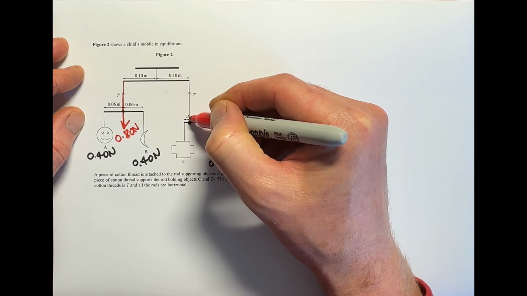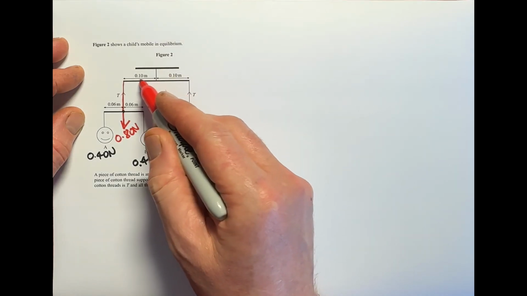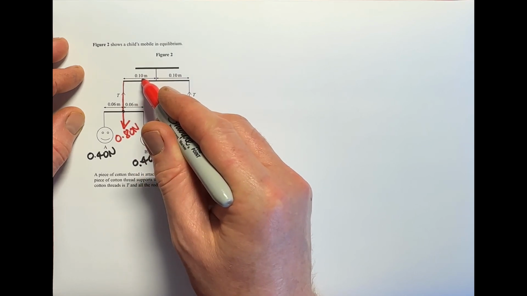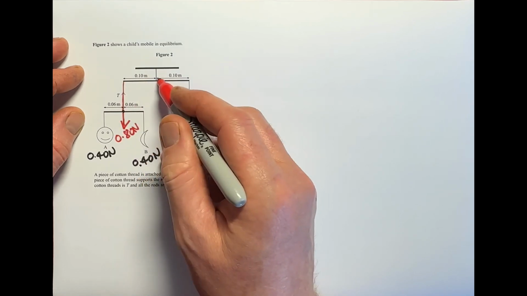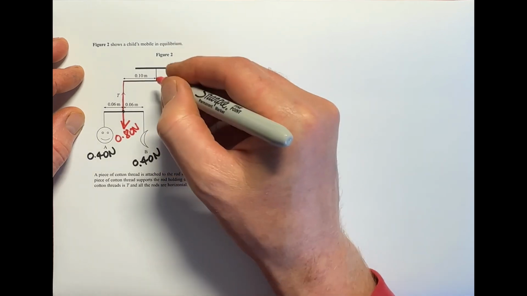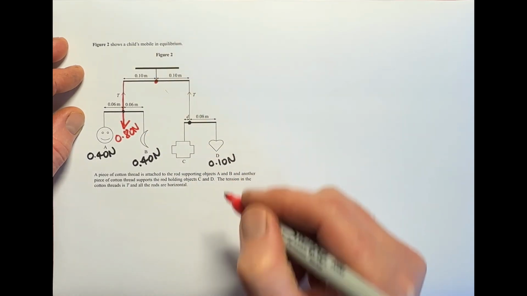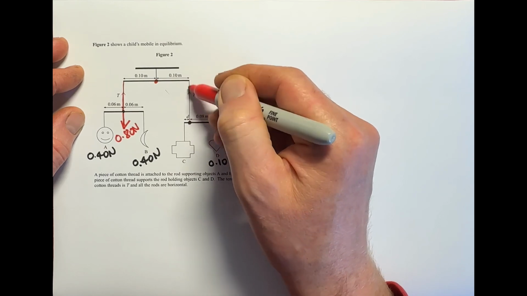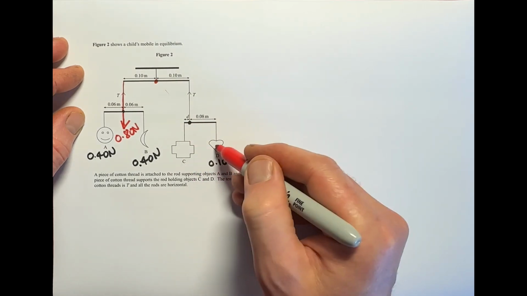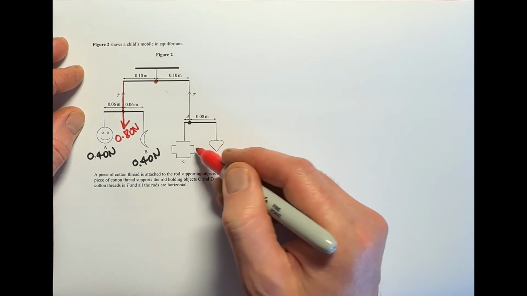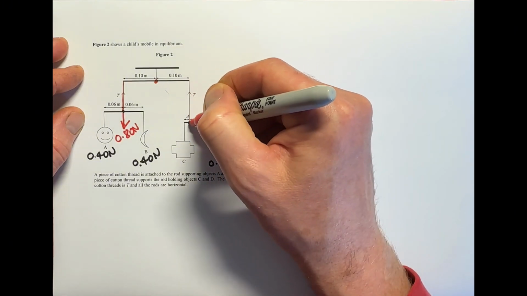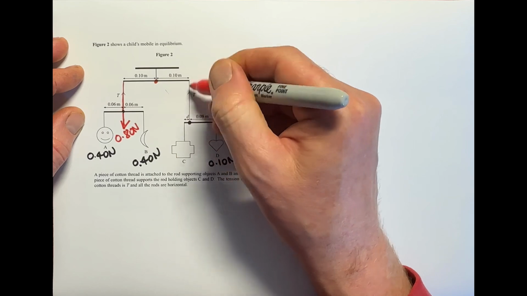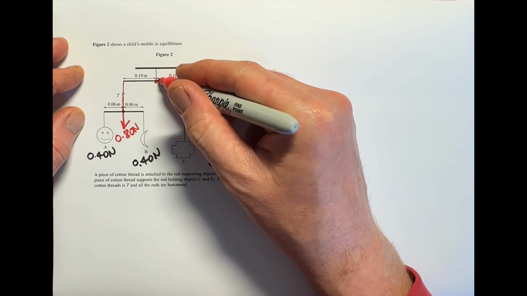How do I know that? Well, because the anti-clockwise moment here is 0.8 times 0.1, because that force is acting at 0.1 meters from the pivot, which we're taking as our pivot point now. On this side, the force is acting down through this string here, at 0.1 meters from the pivot.